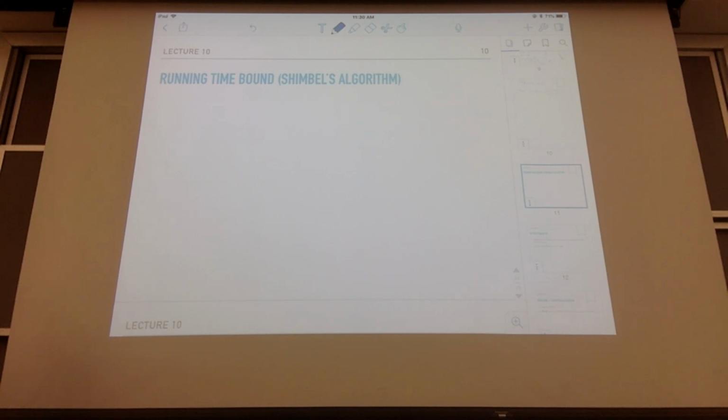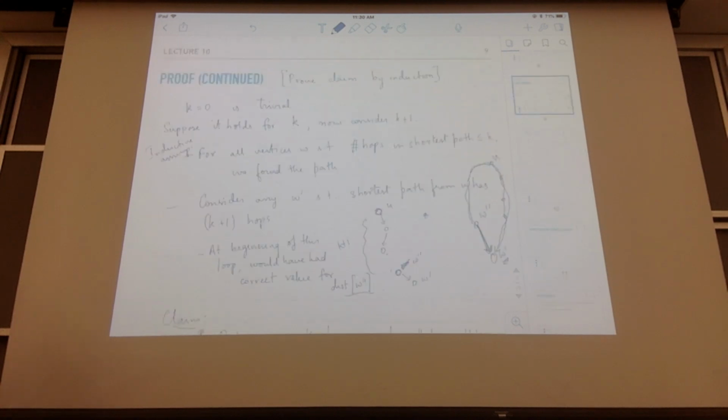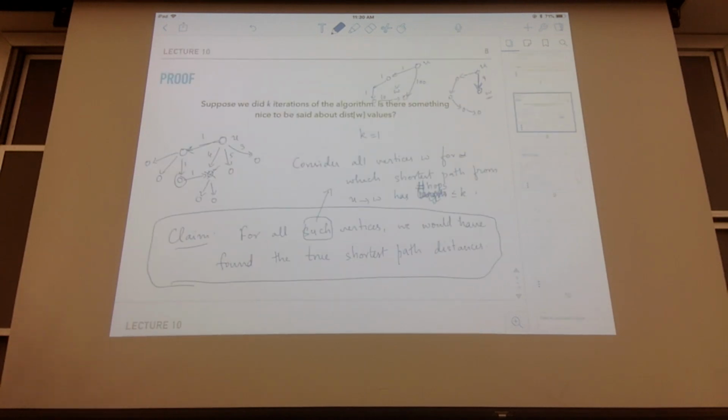And the answer is no, because we just argued that if you do k iterations, you would have found the shortest path to all nodes whose shortest path had at most k hops. You know that for every vertex, the length of the shortest path has at most n minus 1 hops, right? Because if it's the shortest path, you will never repeat a vertex. So you can't have more than n hops in a shortest path.